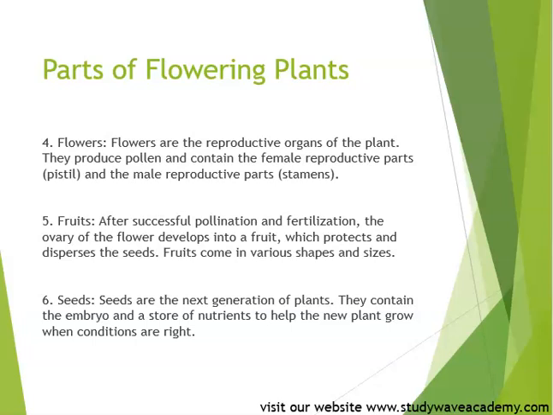The parts of flowering plants we mentioned are the roots, the stem, the leaves, flowers, fruits, seeds, right? So we are going to be looking at the functions of these parts.